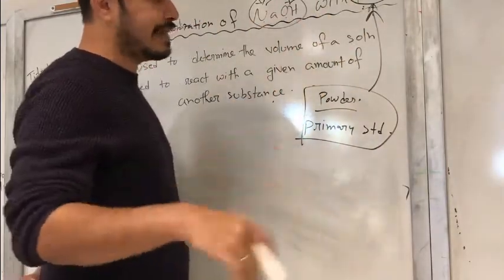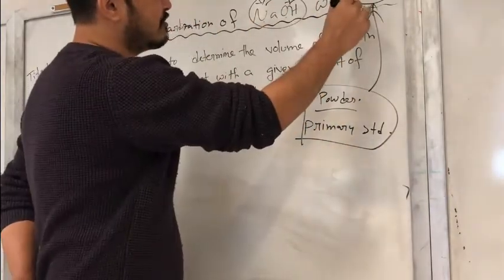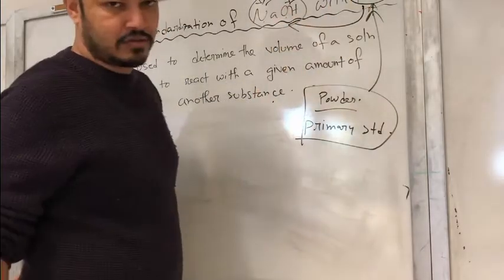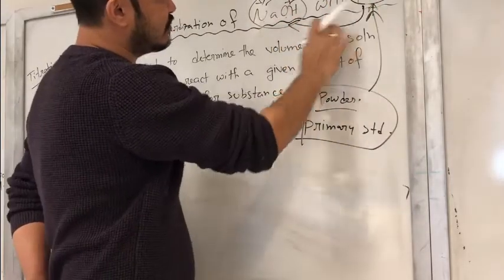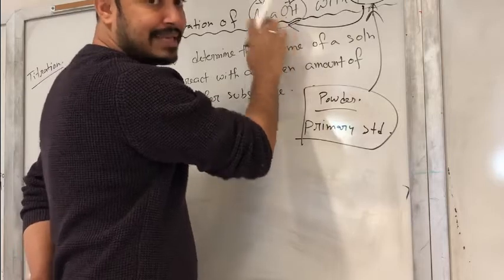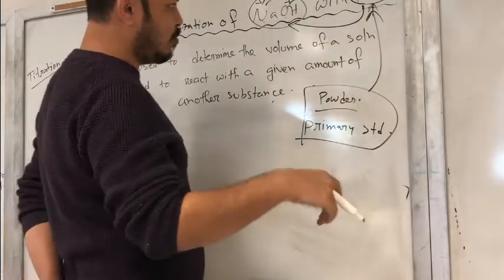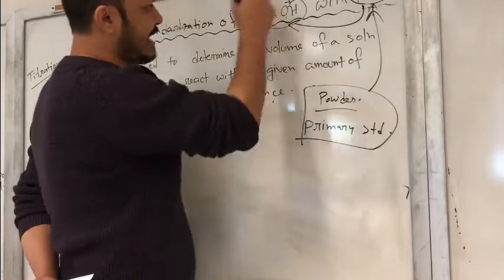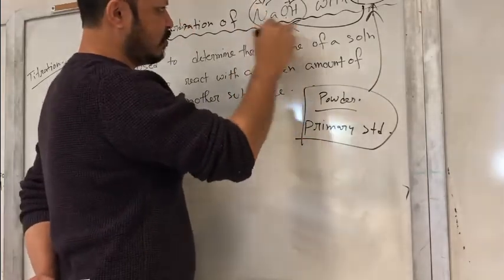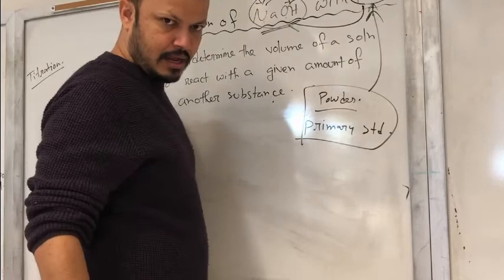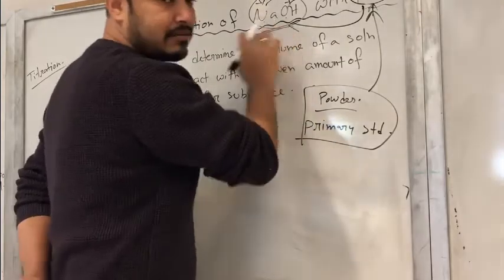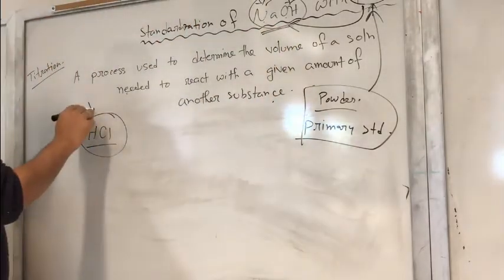Clear? Then we can use this KHP to find out the concentration of the sodium hydroxide. Since KHP is an acid, we are going to find out the concentration of a base. Once we get the concentration of the base, we can use this base to find out the concentration of this acid.